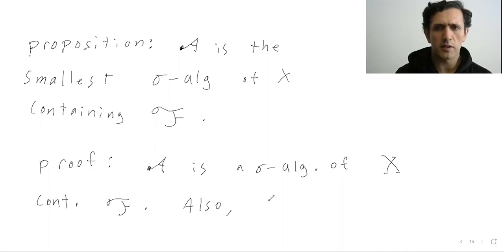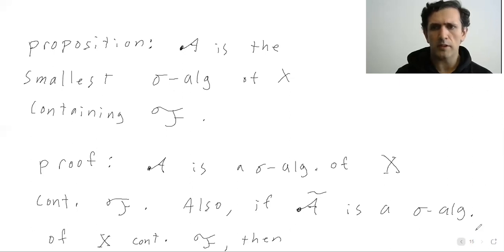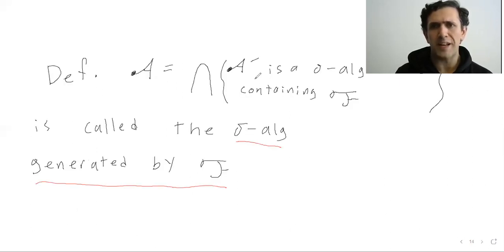Finally, if we have, for lack of anything better to call it, script A tilde, a sigma algebra of X containing script F, well, then script A tilde is a part of this collection here.